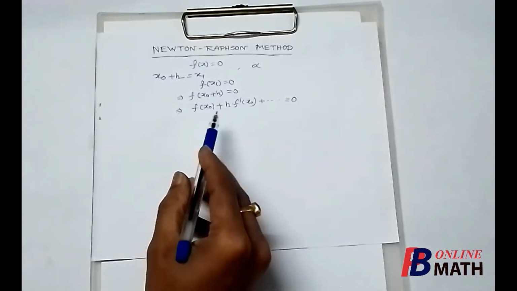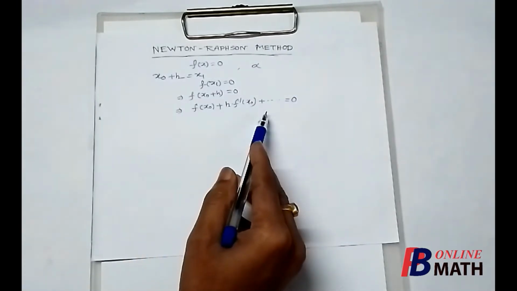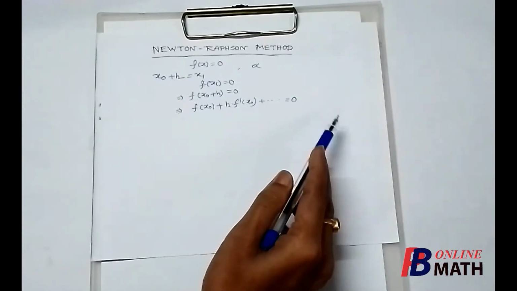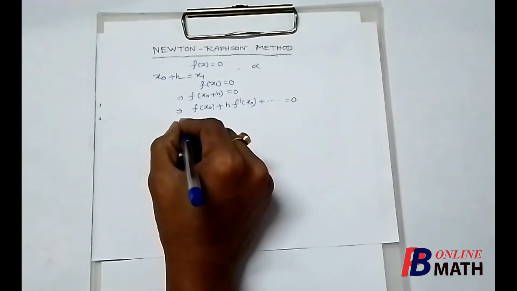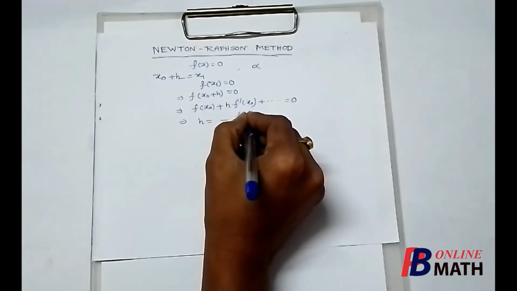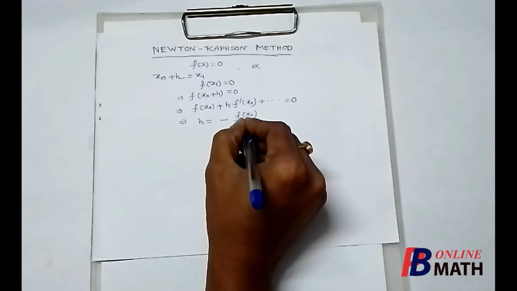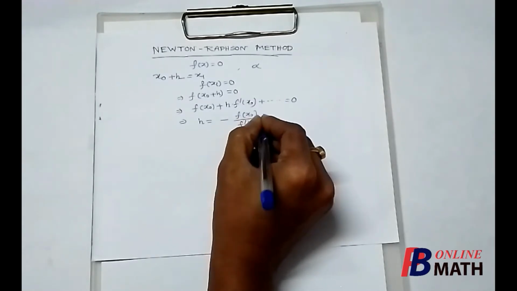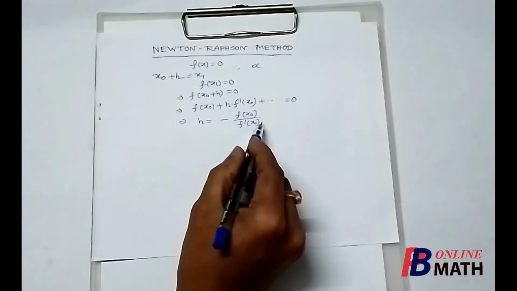Now if h is very small, then h square and subsequent terms can be neglected, so from here we find h equal to minus f(x0) divided by f dash x0. So this is the required error term.